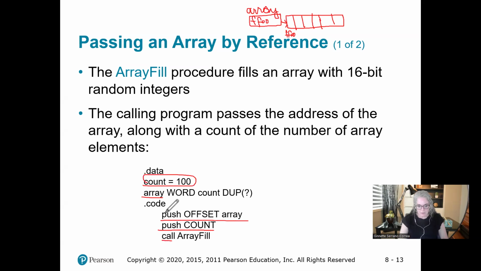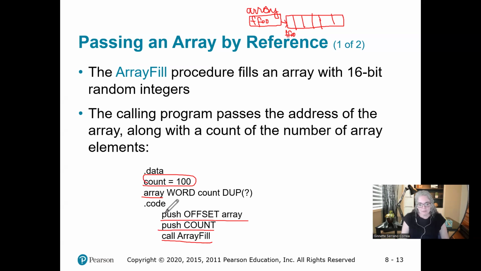And then they call this procedure ArrayFill. This procedure has a loop that goes, in assembly, from 99 to 0. It's just filling the array with random integers.